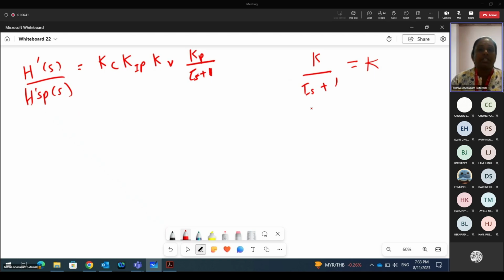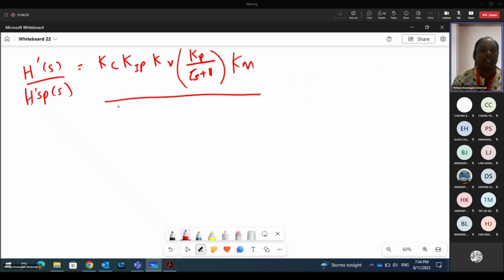With that, I express the Kp over tau s plus 1, and then I have the transmitter term. This is for the series function.